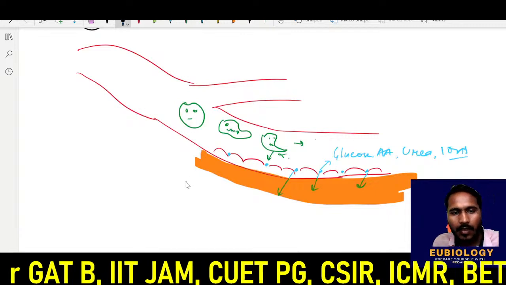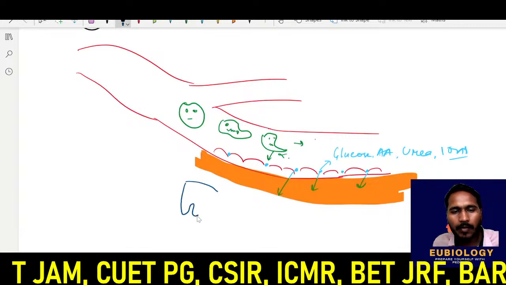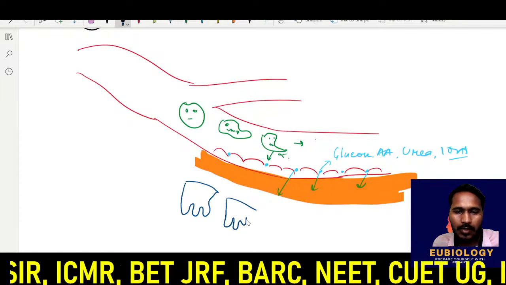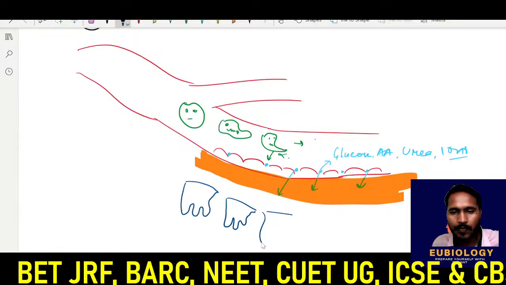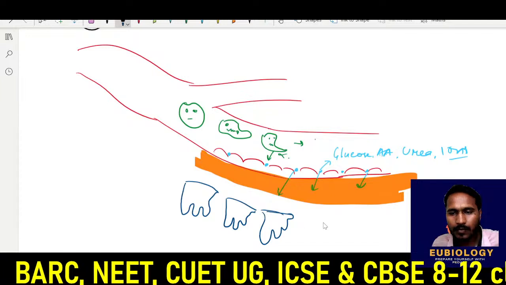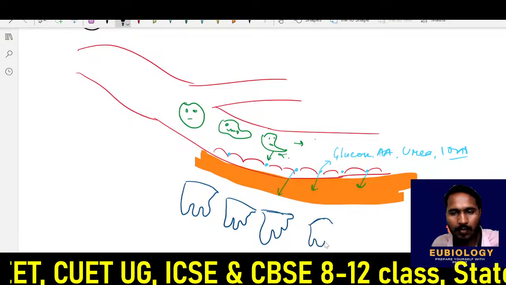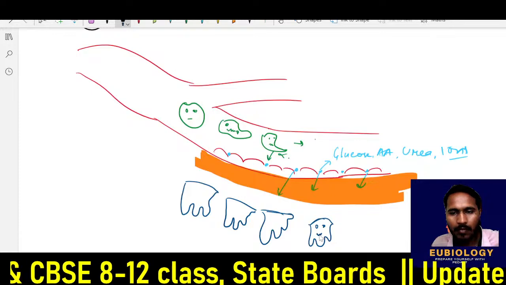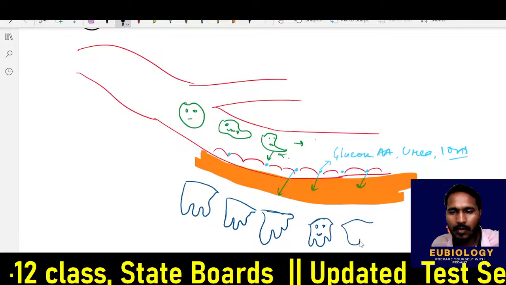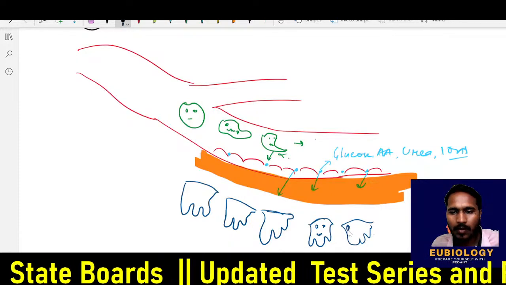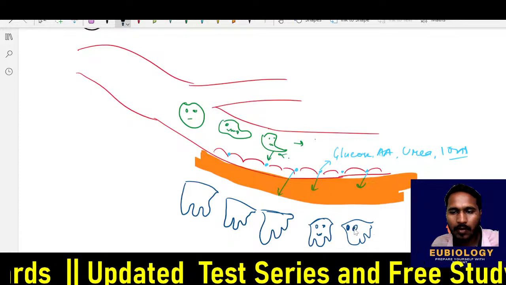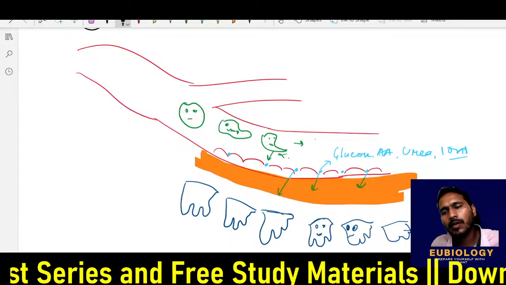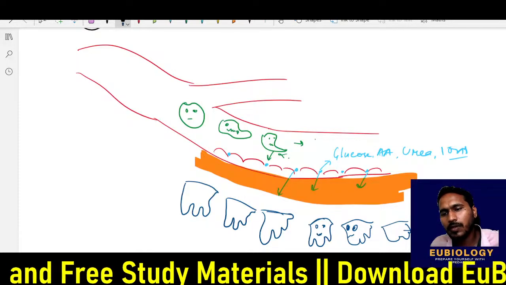If you see this epithelial tissue, it is modified and is called podocytes. It will look something like this. These are the podocytes.